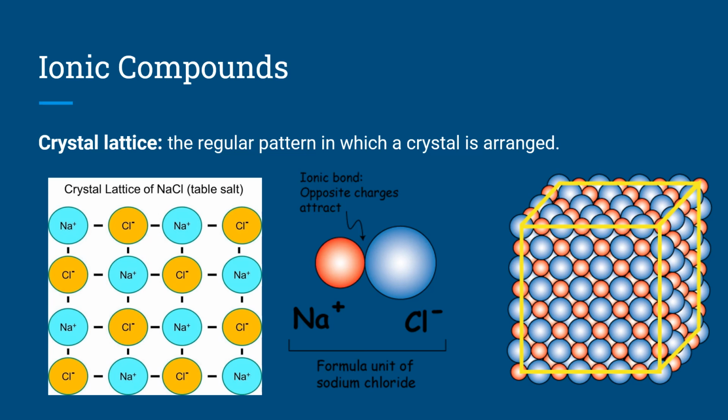And the last thing, ionic compounds. Ionic compounds are important and you have to understand them. We have a crystal lattice, the regular pattern in which a crystal is arranged. We said salt, NaCl, is a salt.